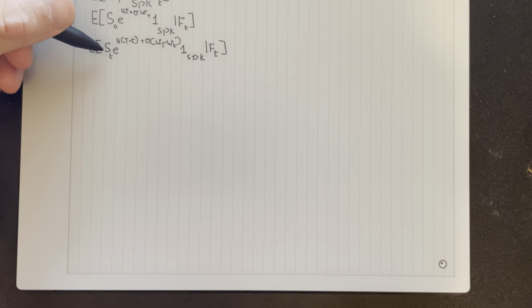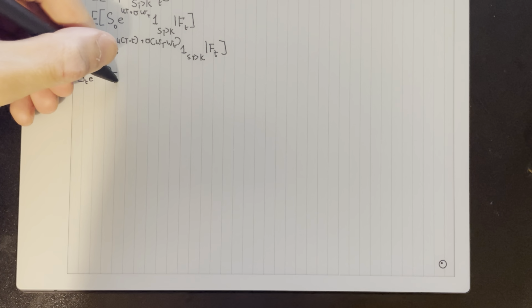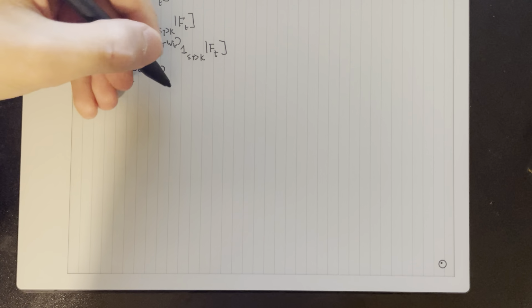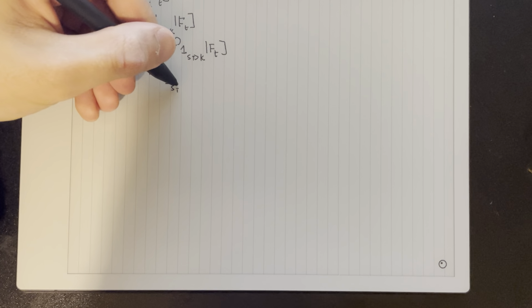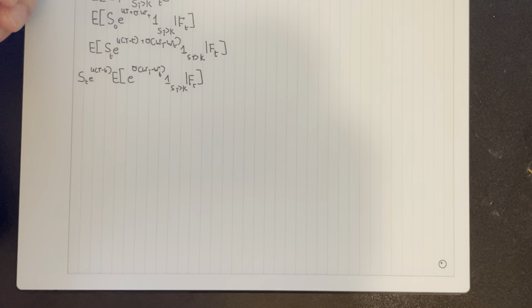Now, since S of little t is known and mu is simply a constant and time is a deterministic function not dependent on anything, we can take this part of the equation outside the expectation. And we would be left with the expectation of e to the power of sigma multiplied by (W_T minus W_t), given that S_T is greater than K, given all that information up to time little t.